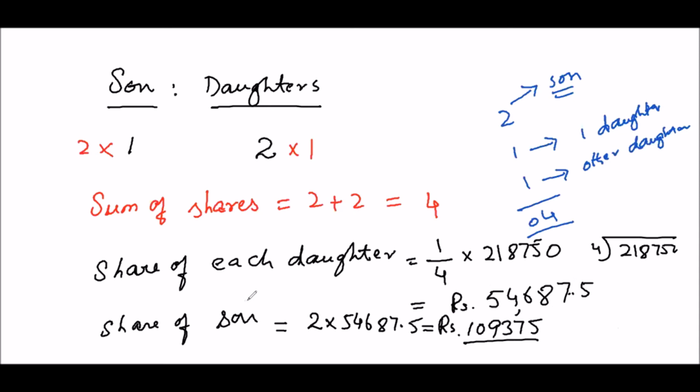Now the same share can also be calculated like this, because son gets double out of 4, because he will get 2 shares out of 4. So we can write here 2 and multiply with the remaining amount.